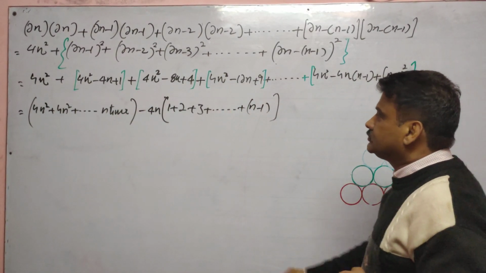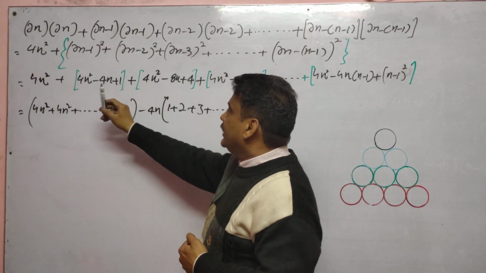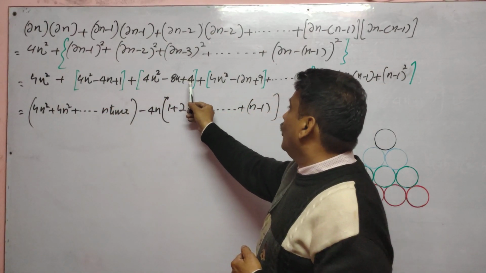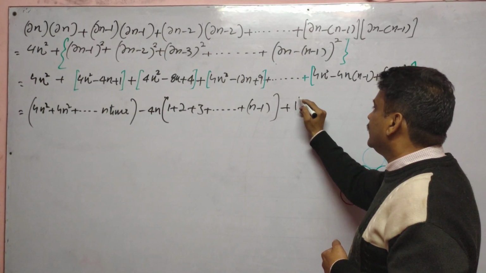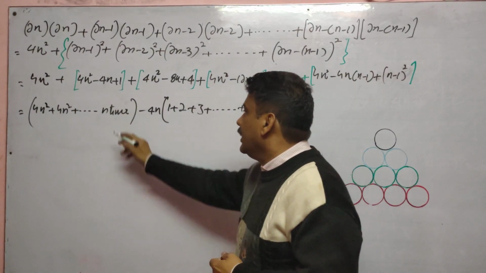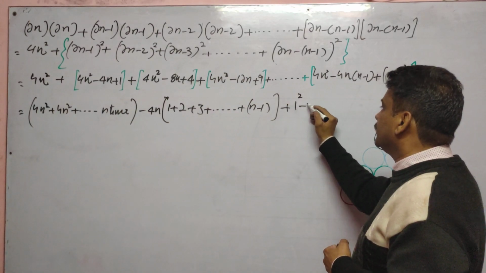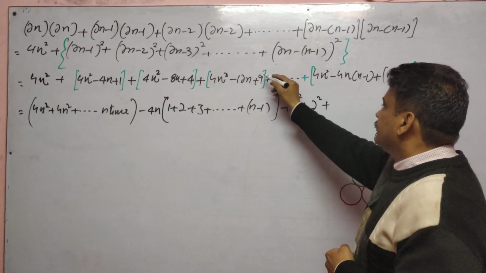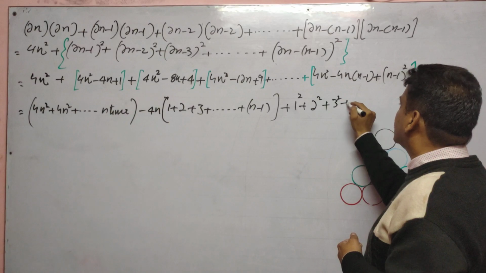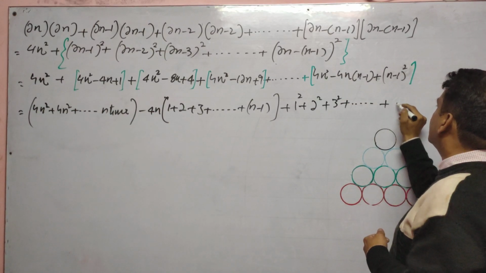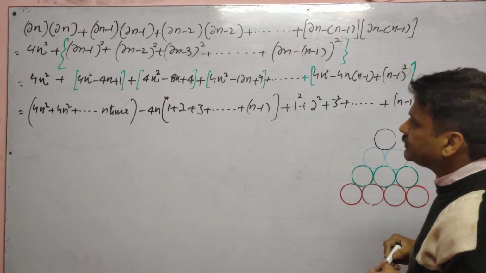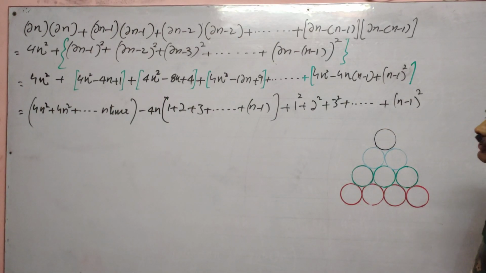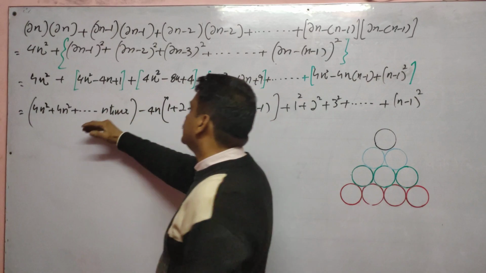Lastly, we want to add 1 plus 4 plus 9. We write 1 as 1 squared, 4 as 2 squared, and 9 as 3 squared, and so on up to n minus 1 whole squared. Now we add all these.